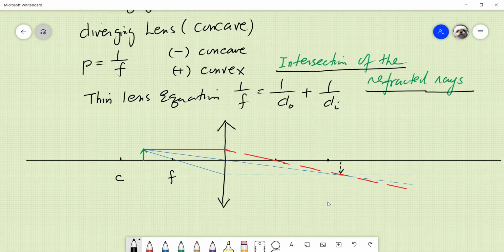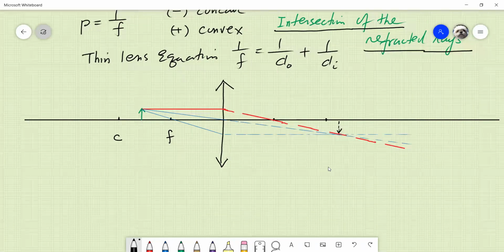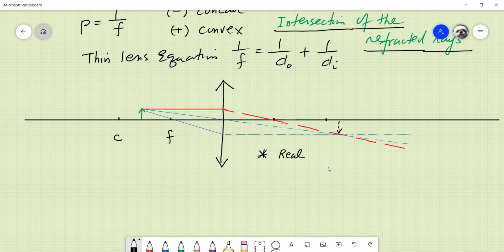Good. Got it. Now, again, you're gonna tell me the characteristic of the image, right? So is this image real or virtual? This image is real. Why is it real? For the lens, it's exactly opposite to the mirror, right?